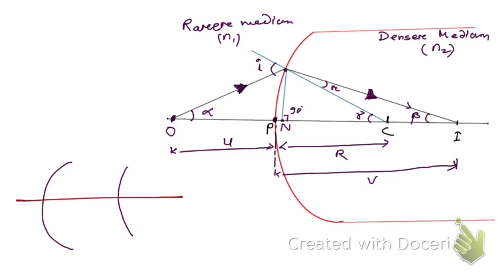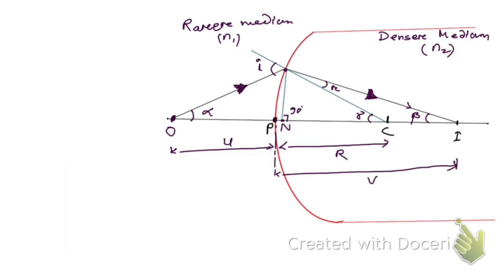If you draw a perpendicular here and a perpendicular from here, you see in this case this point is closer to this point compared to these two points. Here these two points are closer because the aperture is small. Hope you have understood what I am trying to say.